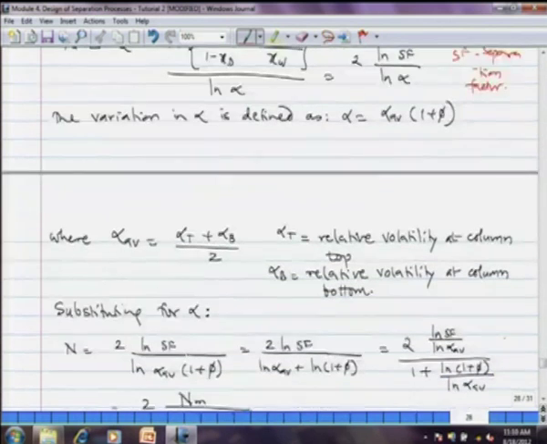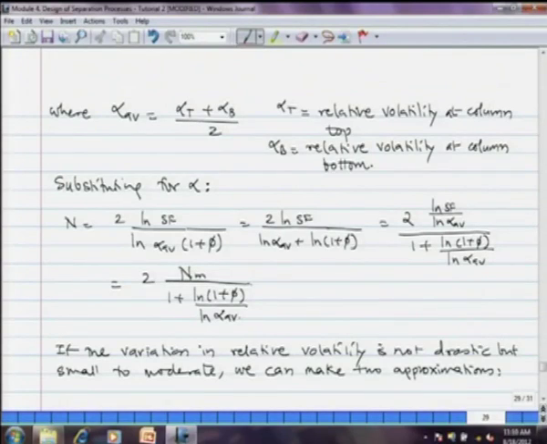Alpha average we define as alpha t plus alpha b divided by 2. Alpha t is the relative volatility at the column top, among the topmost plates near the condenser. Alpha b is the relative volatility at the bottom of the column near the reboiler, and we substitute for alpha the expression alpha is equal to alpha AV into 1 plus phi.